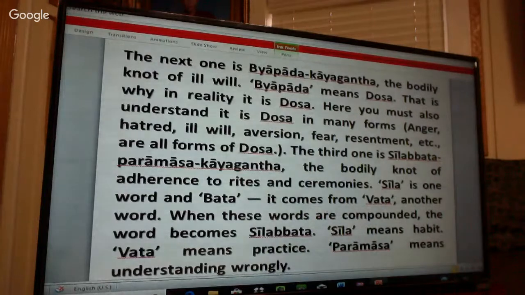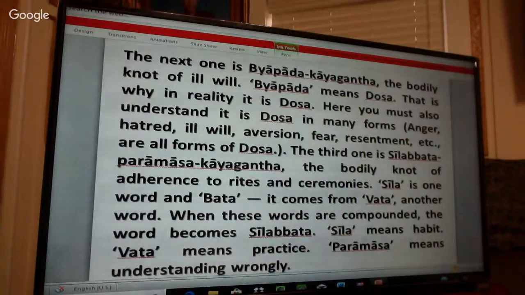Here Sila means habit, a different meaning. So Silabbata is two words combined, Sila plus Bata.